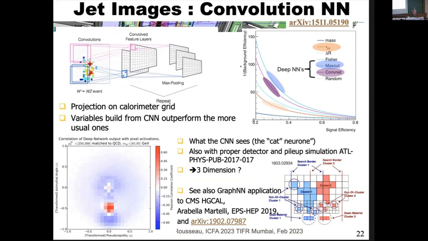And then the comparison is tau2/tau1, which is a variable designed by a phenomenologist: you have a jet, then you run the jet algorithm, and you see at what point you split the jet into two. And this you can characterize by a variable which is called tau-1. And this variable is characteristic of the fact that there is some substructure in the jet. So this is the reference, and then a different neural network outperforms this.